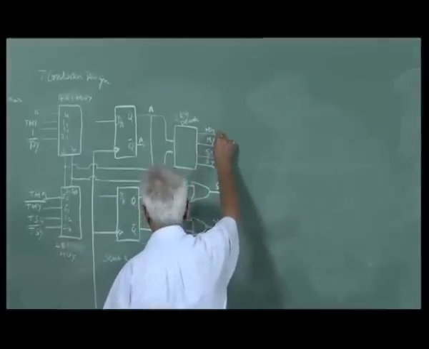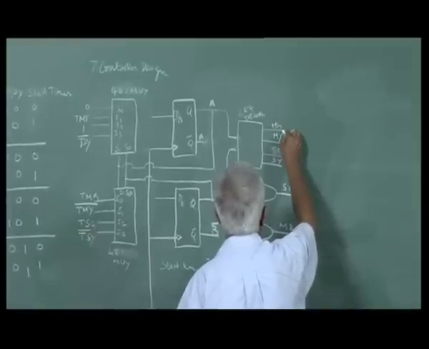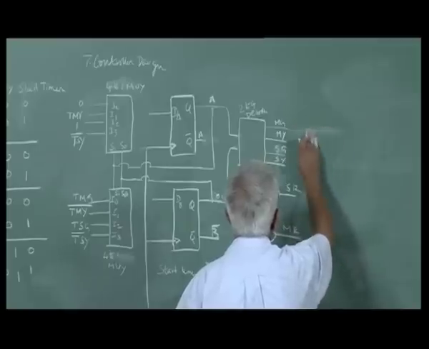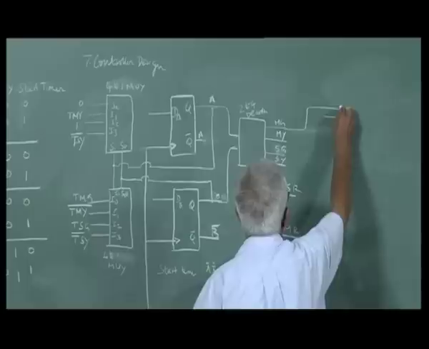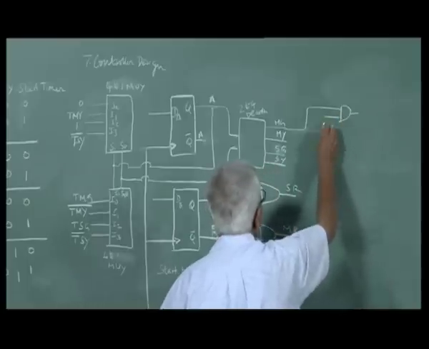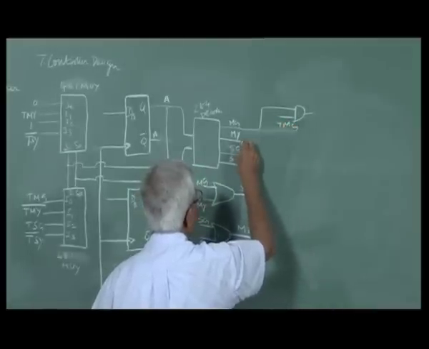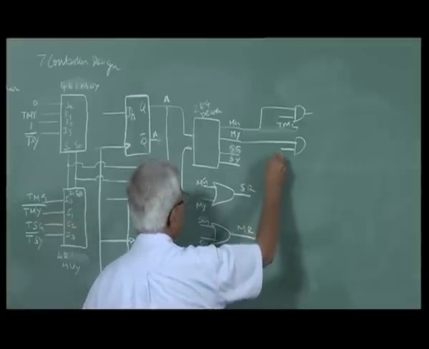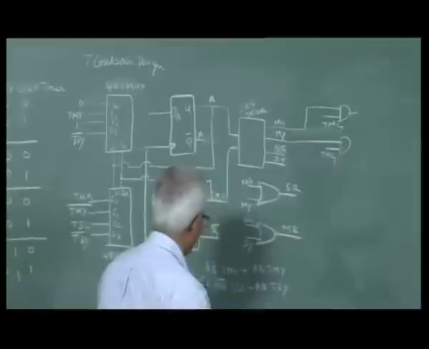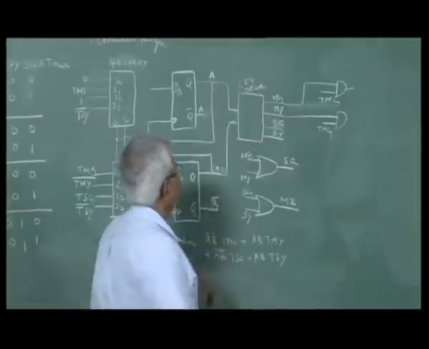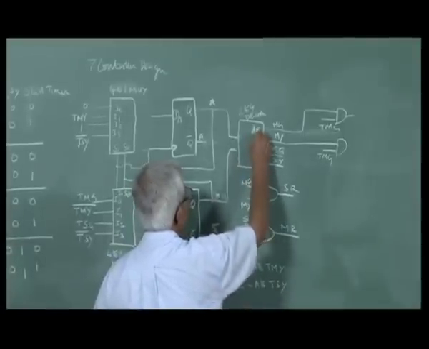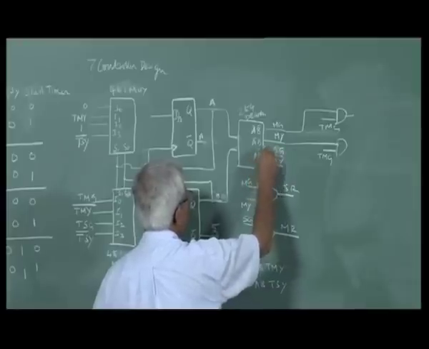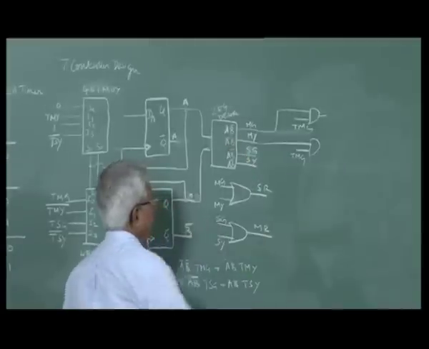This is A bar, B bar. So I can take this 4, TMG, TMY, because this is same as the 4 decoder signals, A bar, B bar, A bar, B, A B bar, A B. So I'm getting these 4 signals here right away. I'll use them.